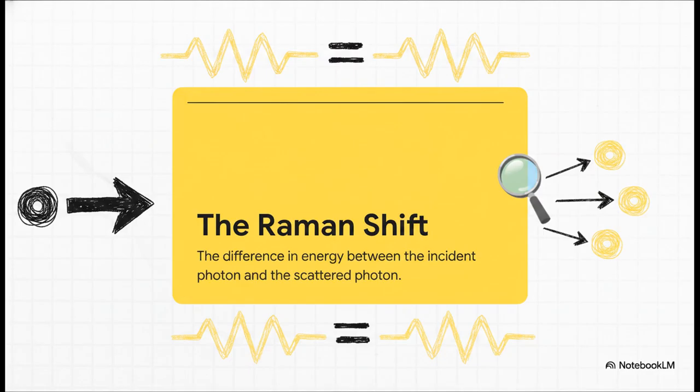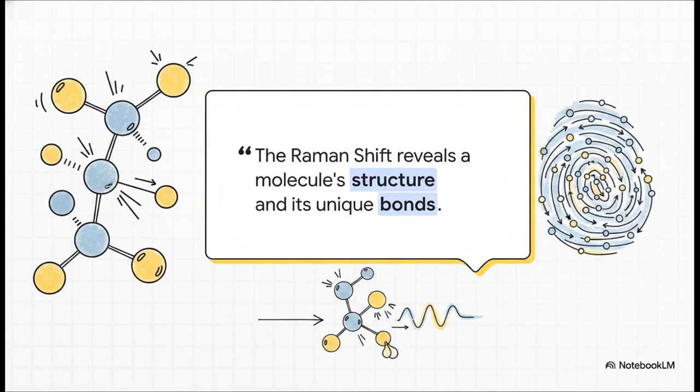What we really care about is the difference, the exact amount of energy that was either gained or lost in that collision. And here is the beautiful central idea. That specific amount of energy a molecule can gain or lose is totally unique to that molecule. It's determined by its atoms, how they're bonded together, how they vibrate. So the Raman shift is essentially a molecular fingerprint.